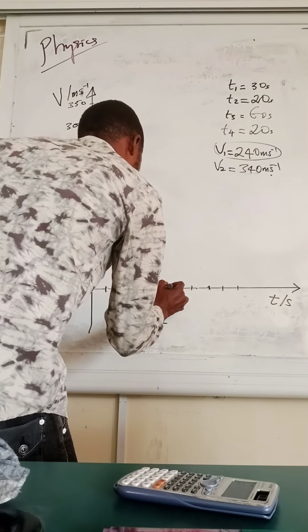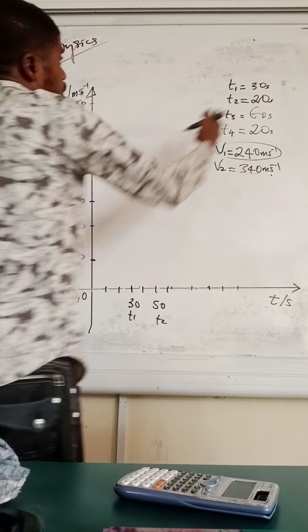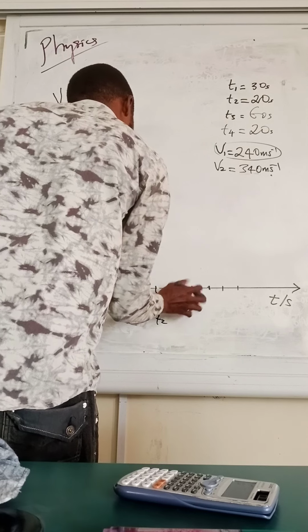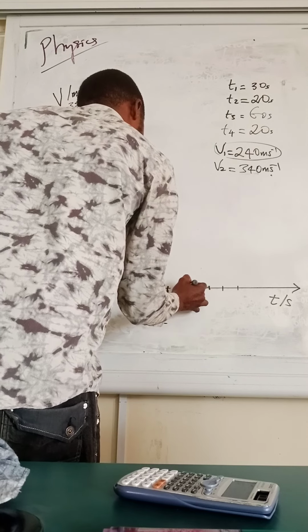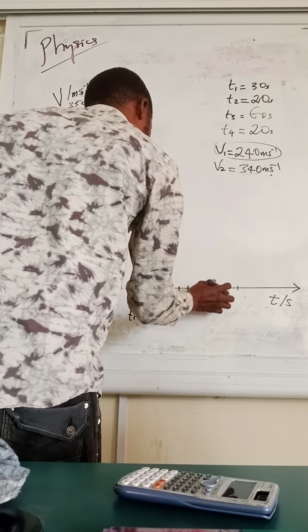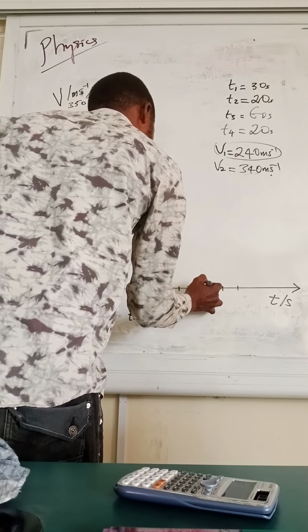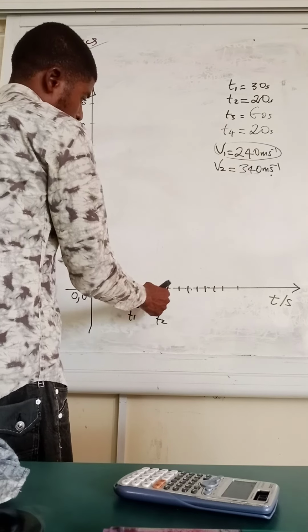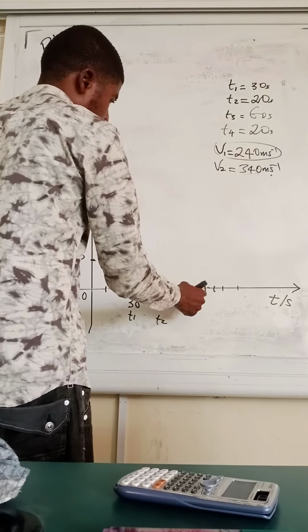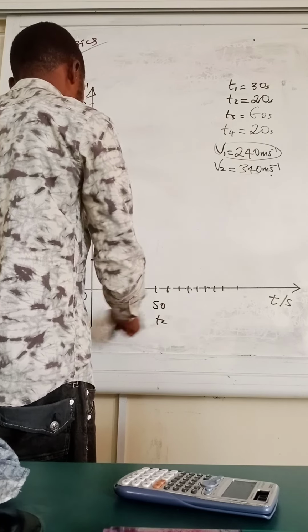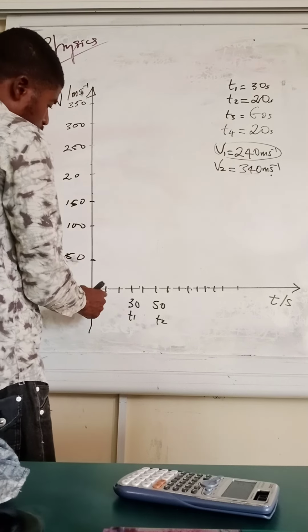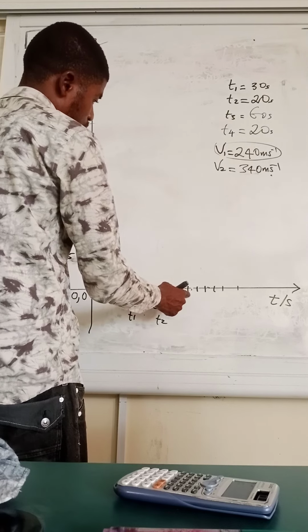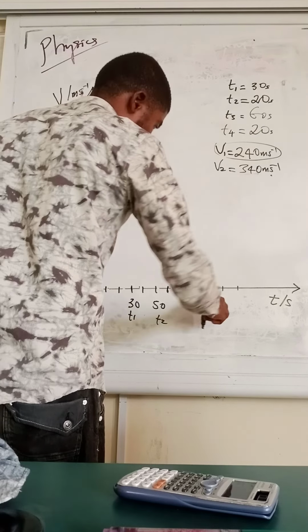And then also have another one here. This is 50 plus 60. So this is 10, 20, 30, 40, 50, 60. 10, 20, 30, 40, 50, 60, 70, 80, 90, 100, 110.